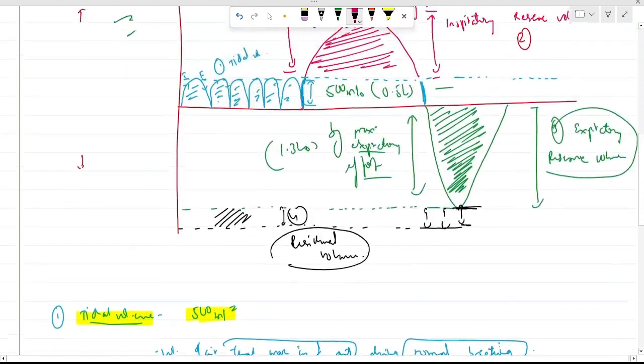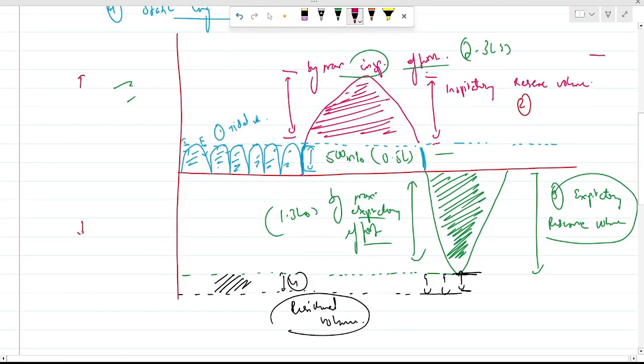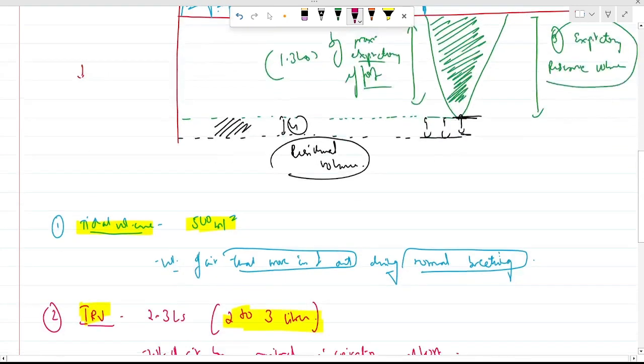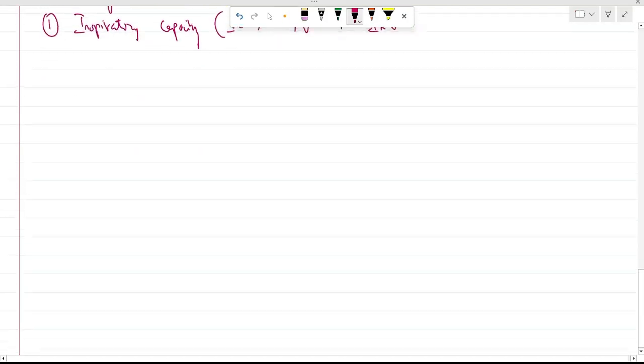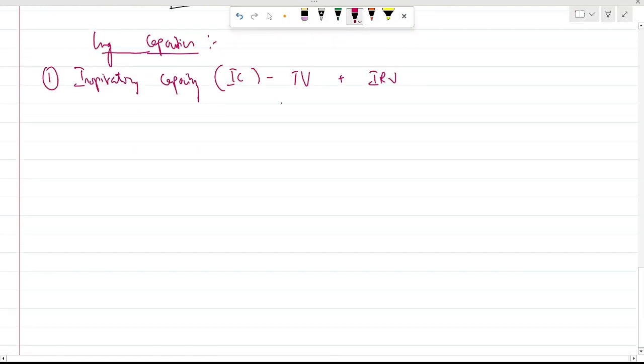What is the value here? Tidal volume is 0.5 liters plus inspiratory reserve volume is 2 to 3 liters. So it's 2.5 to 3.5 liters inspiratory capacity.